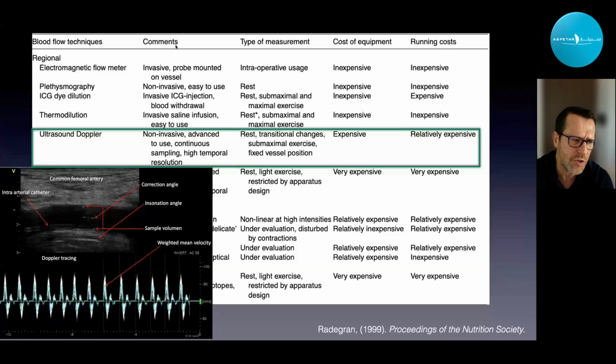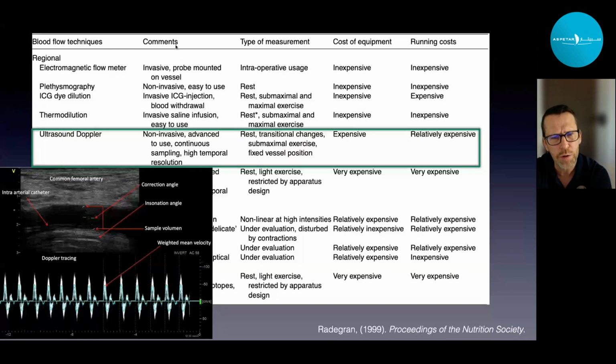What that effectively allows us to detect is the velocity of the blood going through the artery, which you can see at the bottom. And at the top, you can see the edge detection software, which is detecting the diameter of the vessel. So once you have the diameter of the vessel and the velocity of the blood, you can then compute blood flow in the artery.